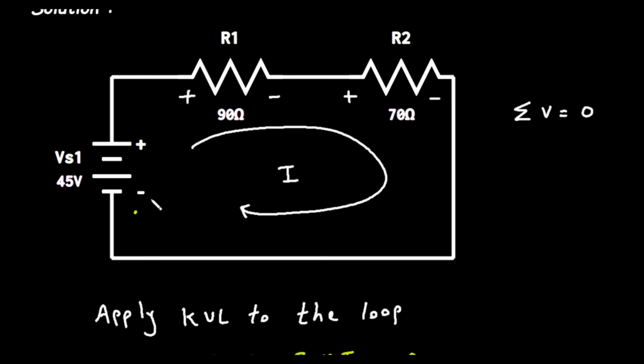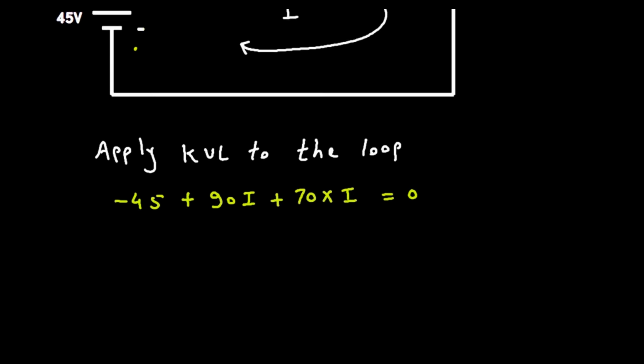We have started from this point, and again we come back to this point. So it is minus 45 plus 90I plus 70I is equal to 0.